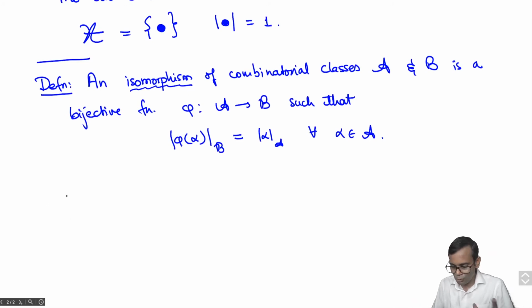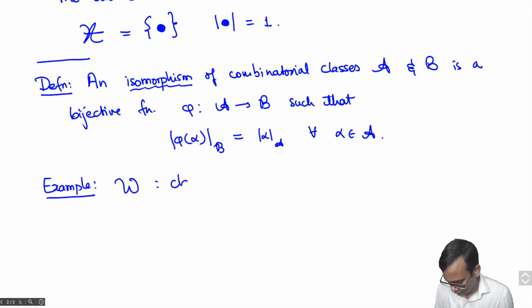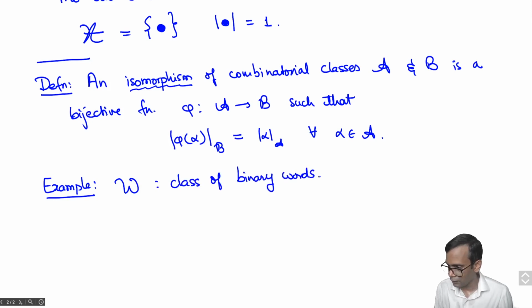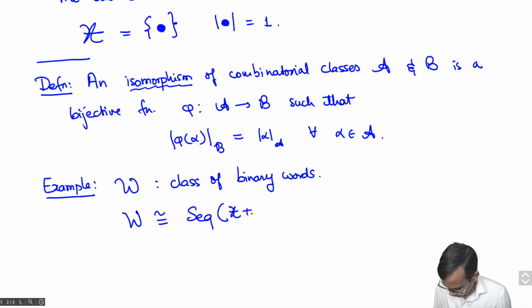And so now let me put all these ideas together and write down a statement. So remember, we had this combinatorial class W of binary words. I claim that W is isomorphic to sequence of x plus x.